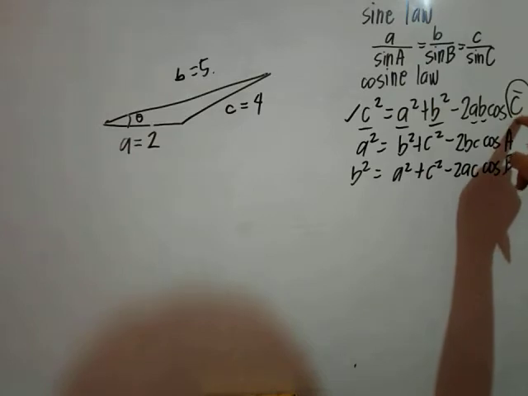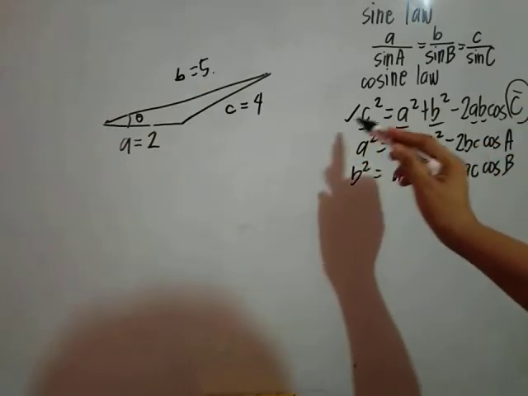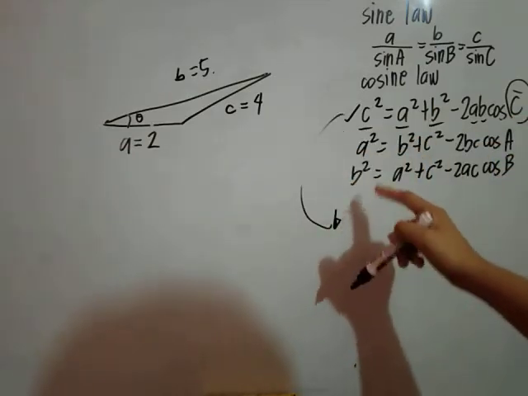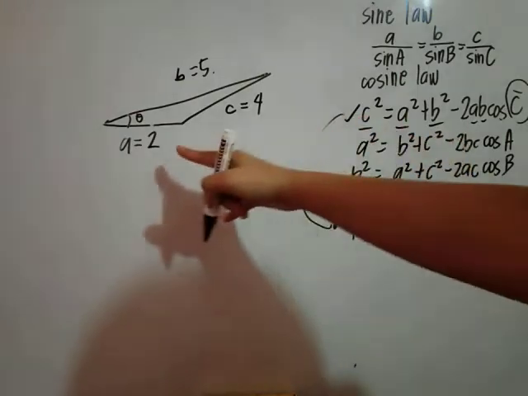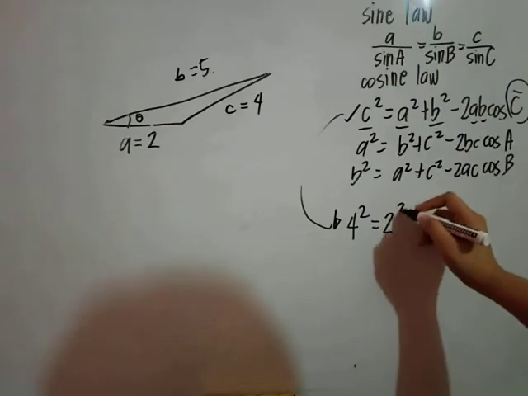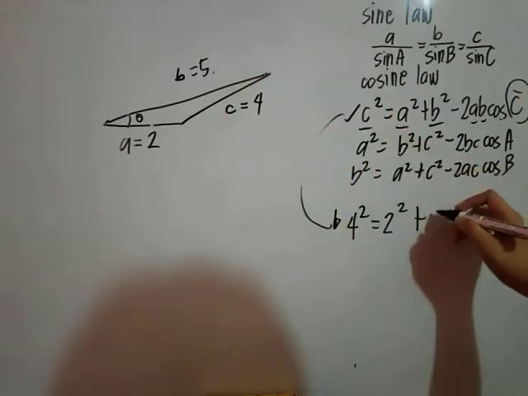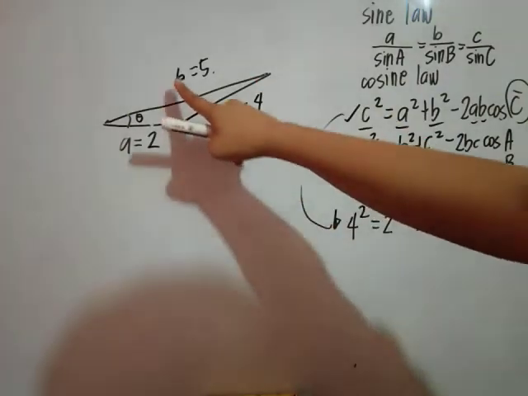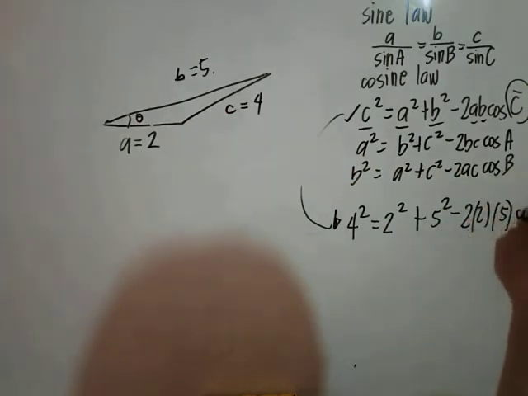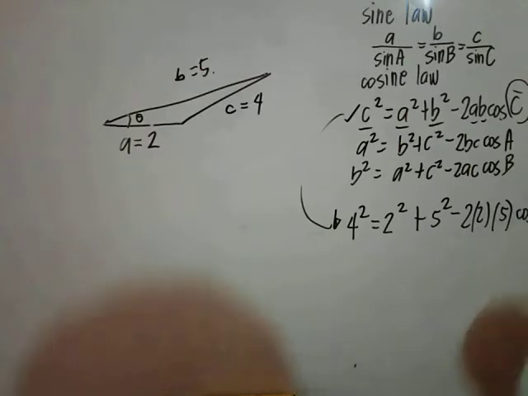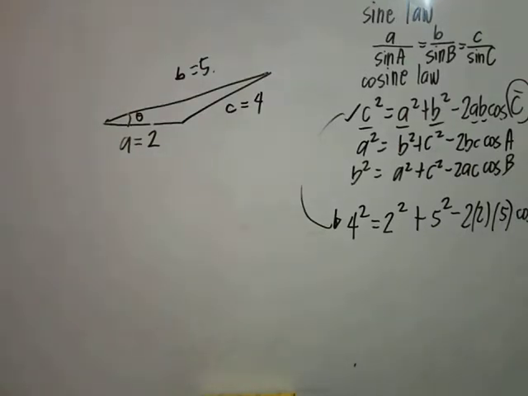Cosine nung angle na kinoconsider. Try natin i-apply. We have C is equal to 4 squared, and then equal to yung A natin is 2 squared plus yung B natin is 5 squared. I-continue ko lang to, 5 and then cosine theta. Hindi na pala kita.